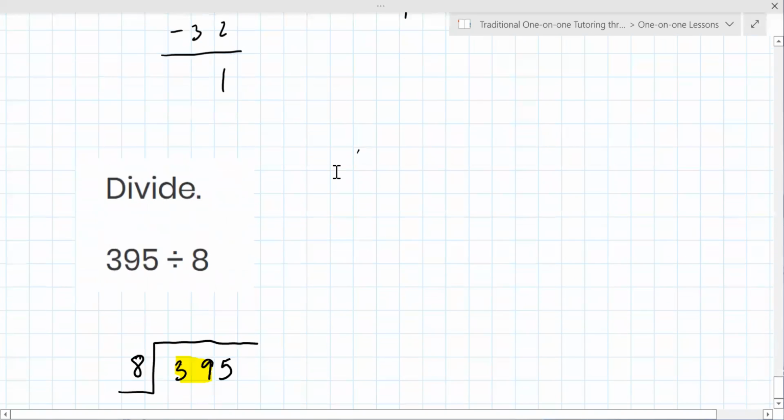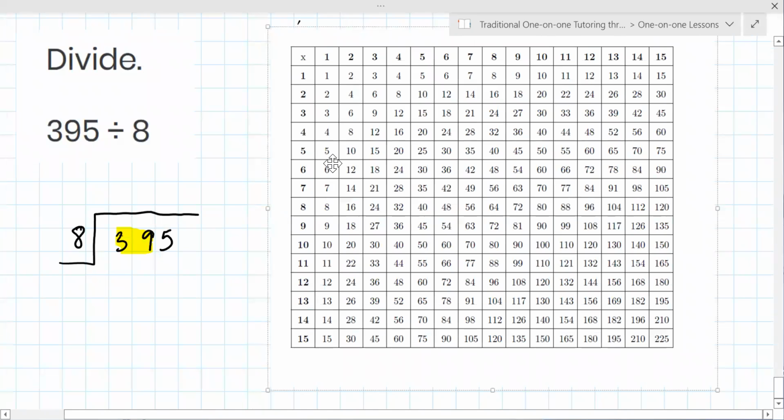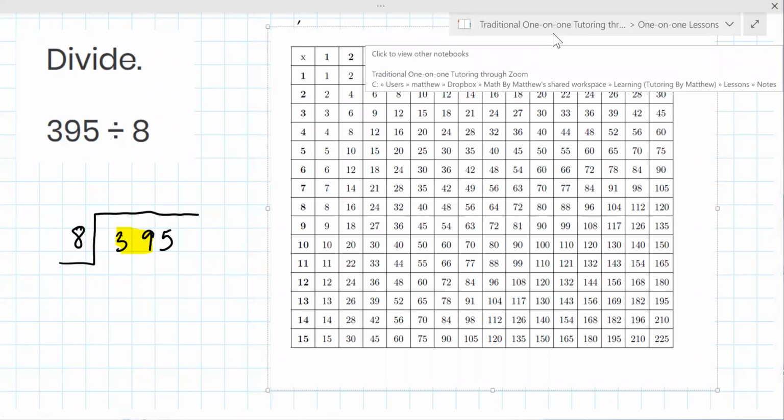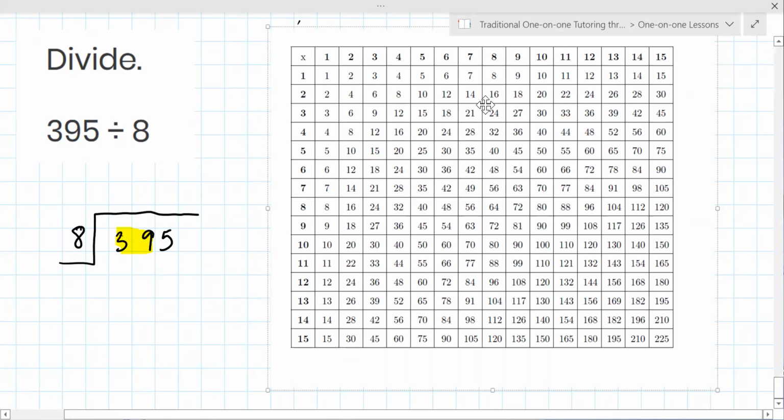Okay. You should always have this out. Okay, so your 8, you're looking at your 8 column. Where is 39?